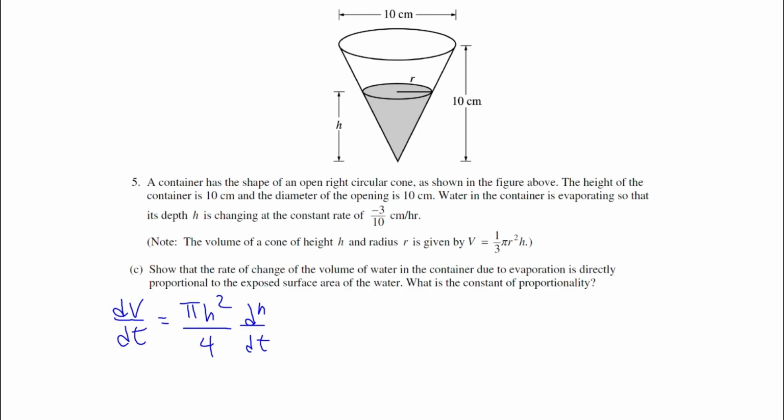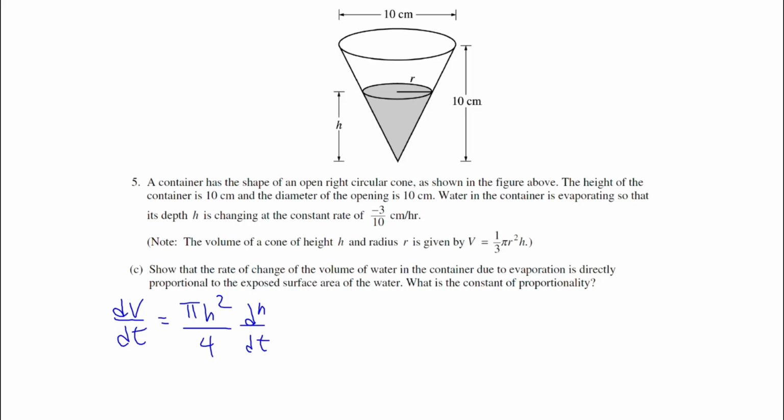And if we think about that, what we're going to do next is think about if we can show that using the area formula for our exposed portion, that area being pi r squared, if we can get a constant of proportionality there between the two.